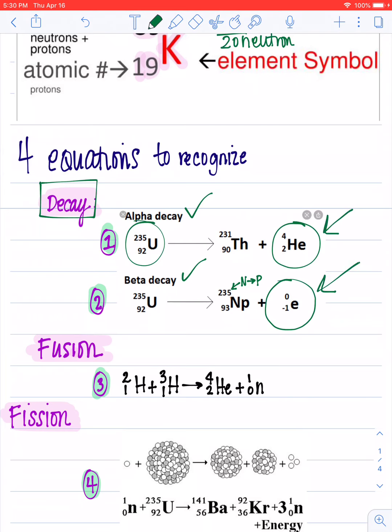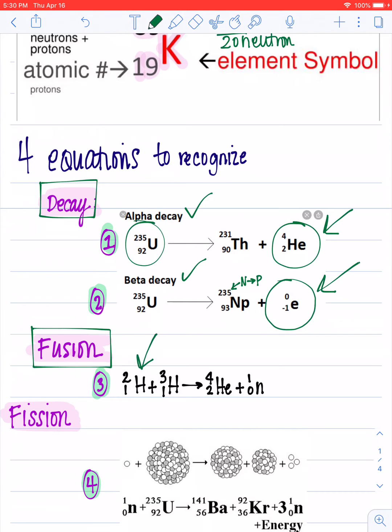These clues are what you're really going to be looking for when identifying what the isotope is doing. The second type of equation that you should be able to recognize is called a fusion equation. And these are things that occur typically in the sun. So we don't really see a lot of this on Earth, but what's happening here is 2 smaller nuclei.